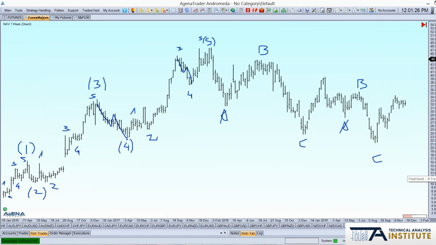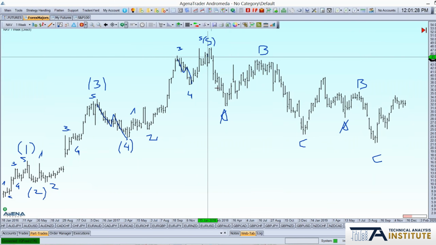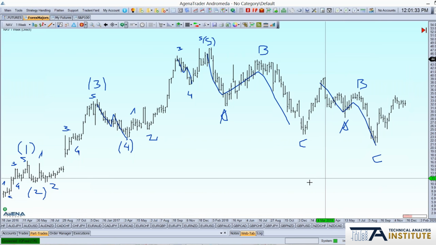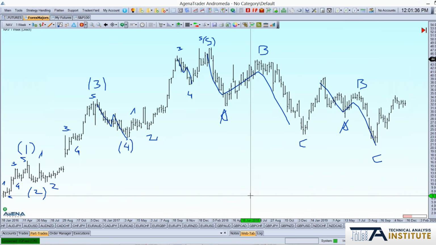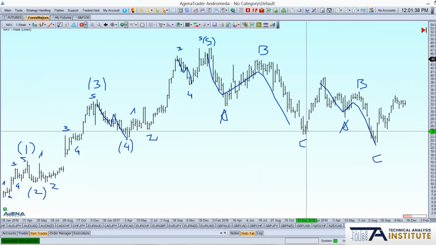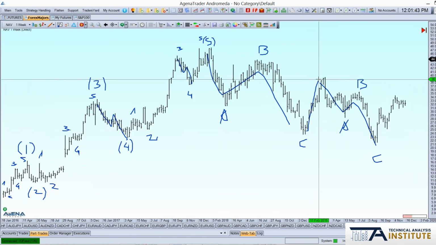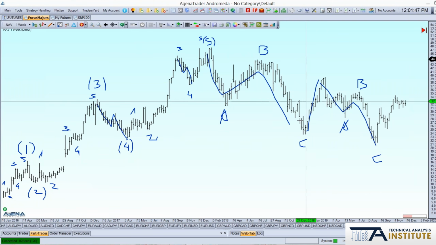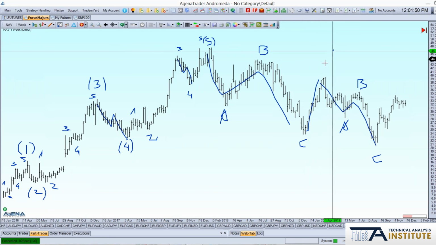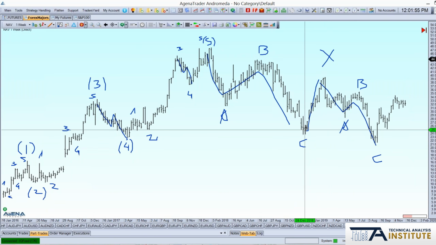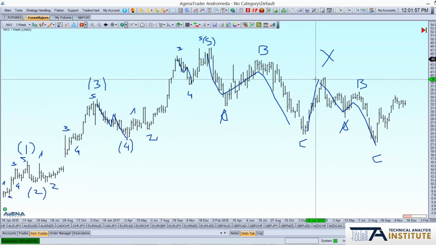Now notice that this zigzag and this zigzag were connected by this wave here that made that high that Alan pointed out. And that connector wave, we call it X. So basically what we have here is a wave that acts as a glue to two corrections.